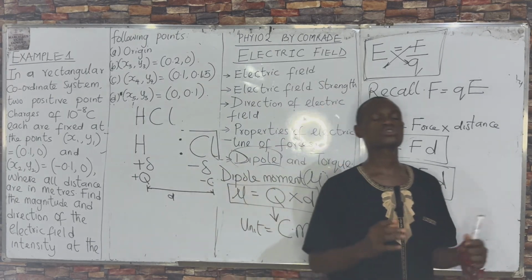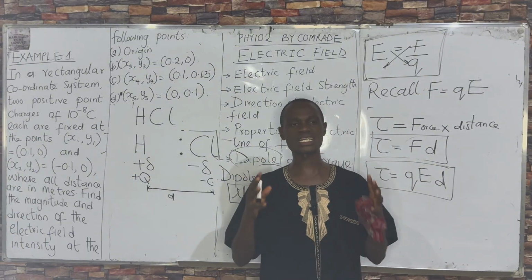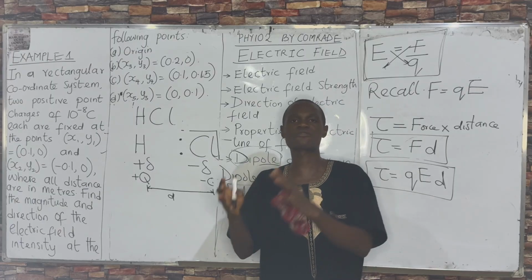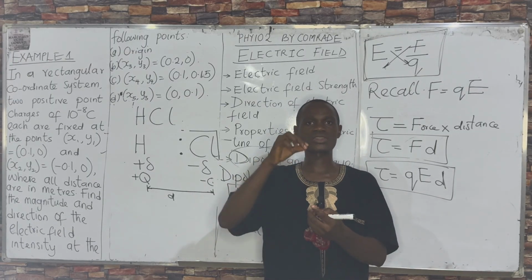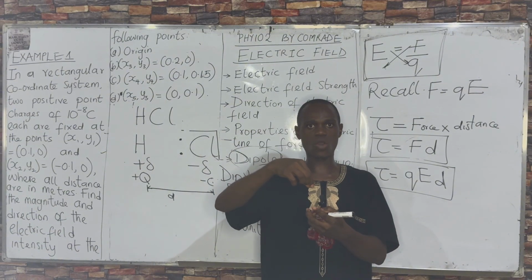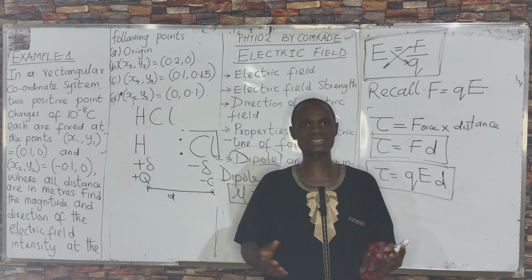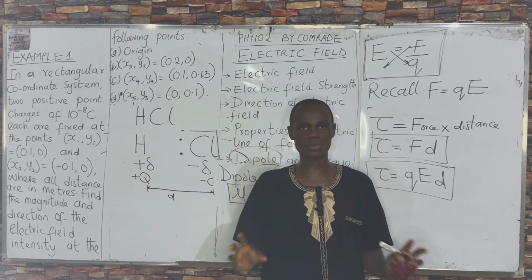So what you must remember is that the region of space around a charge where the electrostatic force of the charge can be felt is called electric field. And that the strength of the field at a particular point is called the electric field intensity, which is defined as the force per unit charge at that point.